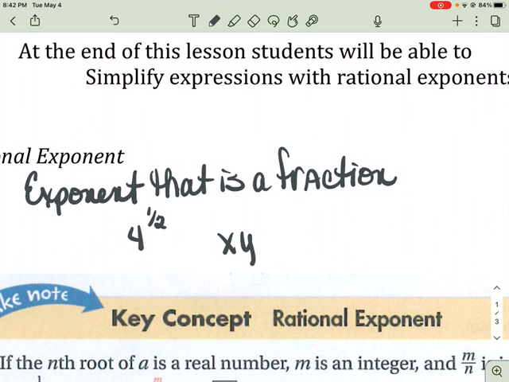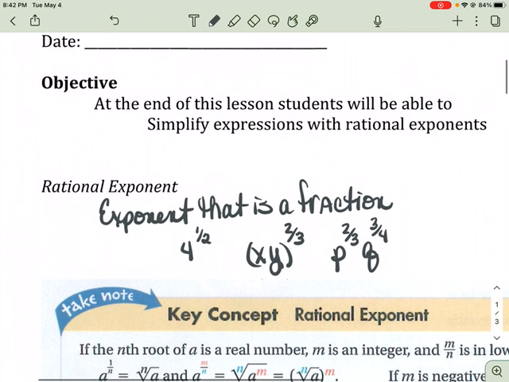Or (xy) to the 2/3. Or maybe p to the 2/3, q to the 3/4. Okay, those are all examples of what I mean by rational exponent.